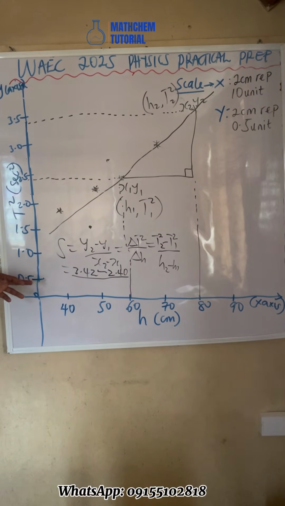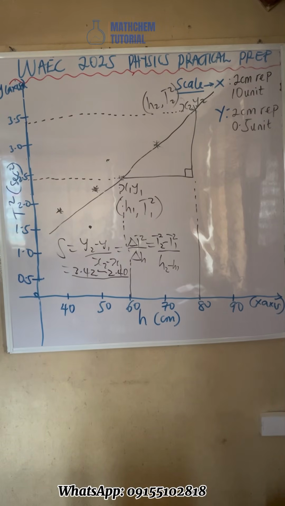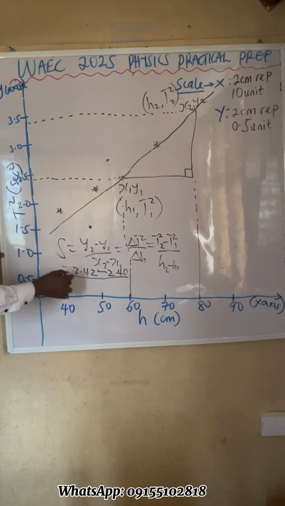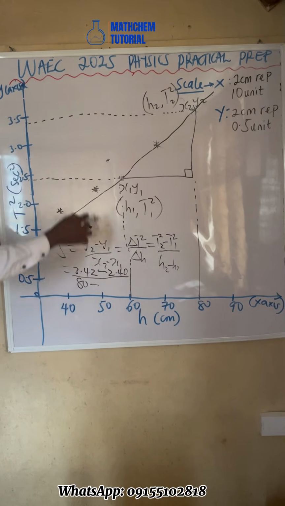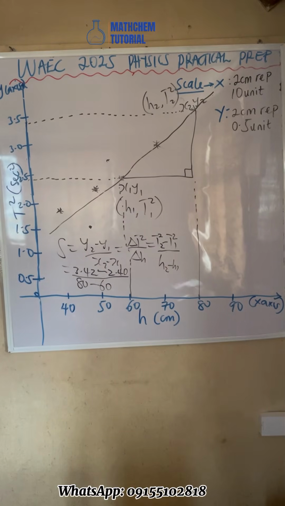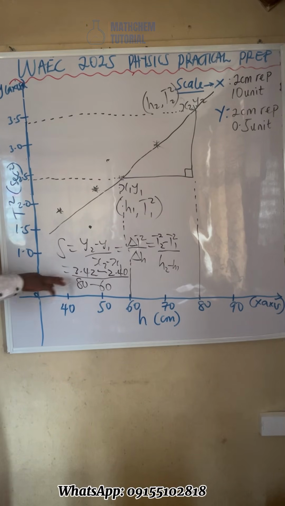The h2 is from that h2 we have there, and that is 80, minus the h1, which is 60 here. So now we can do the arithmetic. It is going to be 3.42 minus 2.40 all over 80 minus 60. That will give us 0.051.